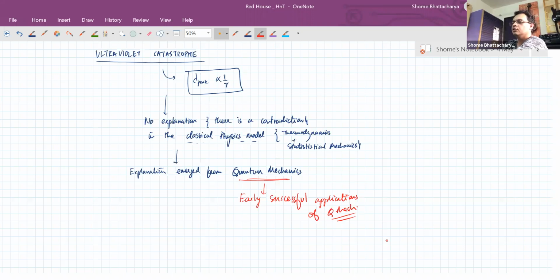But as general knowledge, you should understand that Wien's displacement law and the ultraviolet catastrophe, as a result of which the peak wavelength is inversely proportional to absolute temperature, can only be successfully explained by quantum mechanics, and it is actually contradicted by classical physics. That is why this was one of the early successes of the quantum mechanical model, and a significant event in physics history. So that's all we can understand about it at this stage.